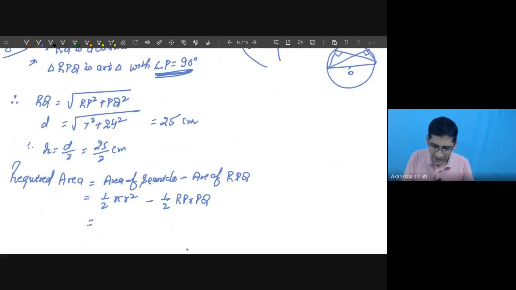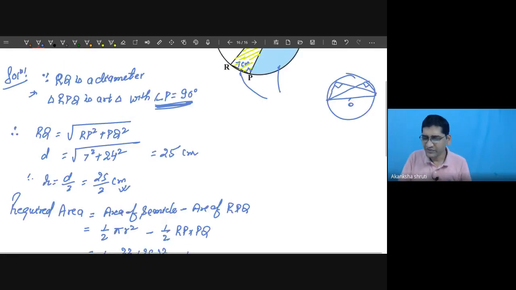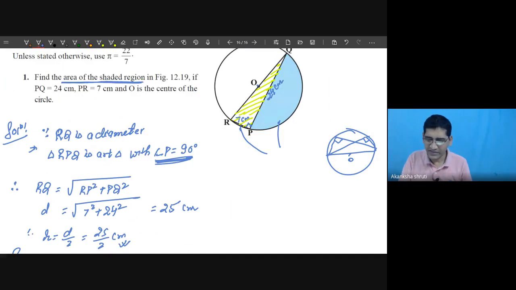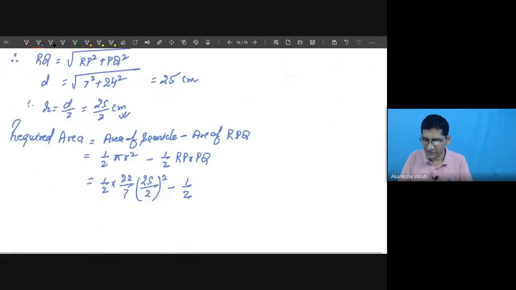Here R we had already calculated, half into, now you may substitute the 22 by 7 or you may carry the pi itself, into 25 by 2 their square minus half of this is given as 7 and another one is 24. So into 7 into 24.